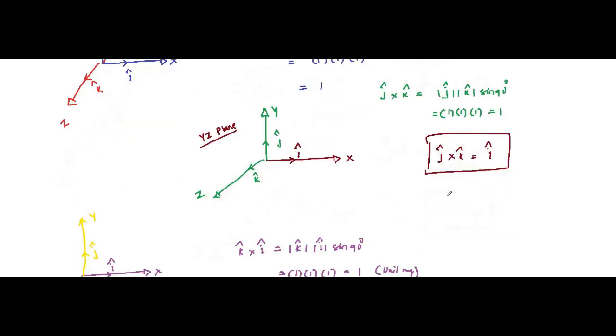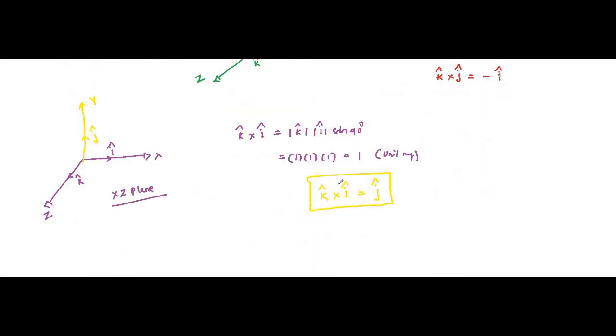Similarly, if we change the order, that is k cap cross j cap, it will be minus i cap. It will be opposite to the x axis, in the minus x direction.